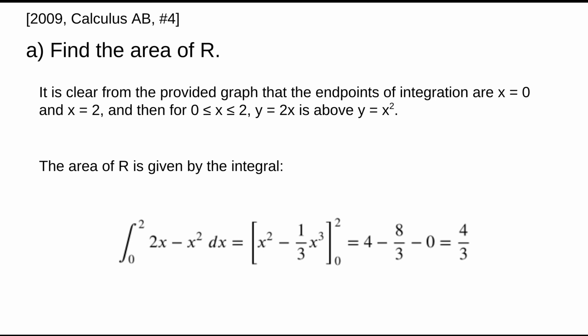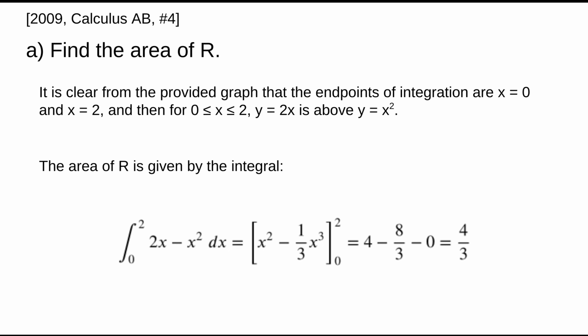Now notice this is not a calculator active question, and you do have to evaluate this integral, which is fine. You should be able to do that once the AP exam comes around. You should be well versed at finding antiderivatives for polynomial functions and applying the fundamental theorem of calculus.